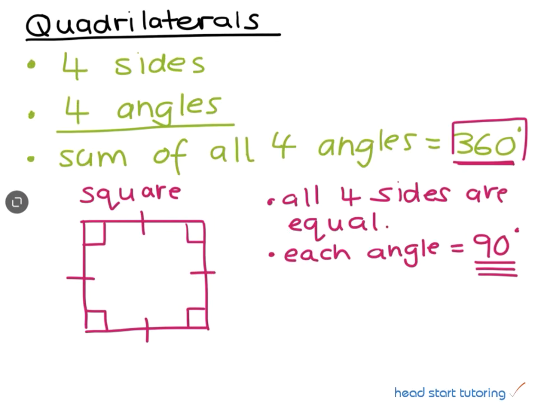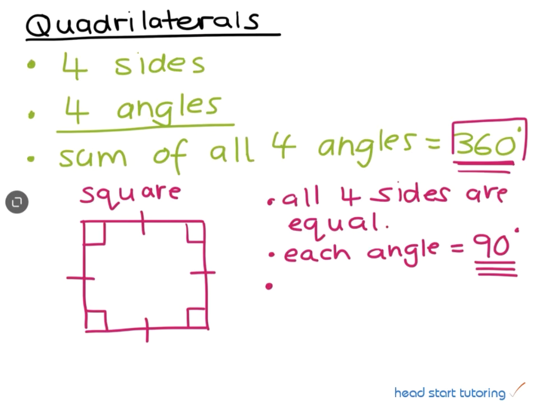So the sum of the angles in our square is equal to 360 degrees, but that's not specific to a square, that's for any quadrilateral. So the sum of all the angles in any quadrilateral is going to be equal to 360 degrees. So we can just prove that with our square.